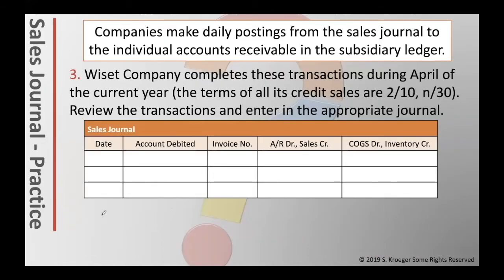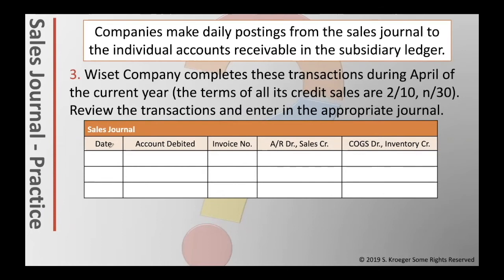This is what the sales journal looks like. It's set up differently than what your other journals have looked like in the past. Instead of putting all the accounts along the side and then the amounts, all the accounts are listed across the top.